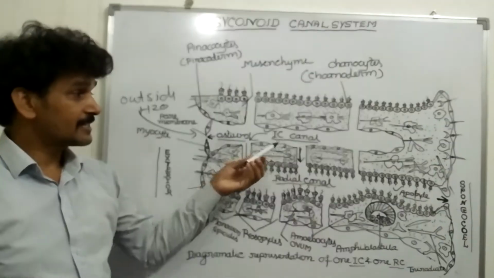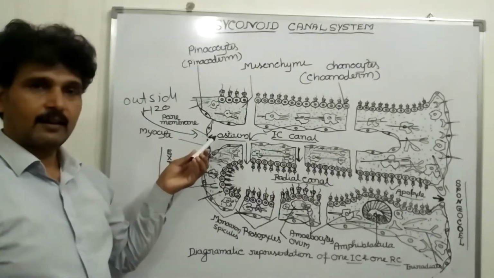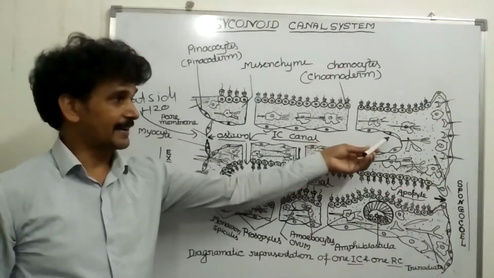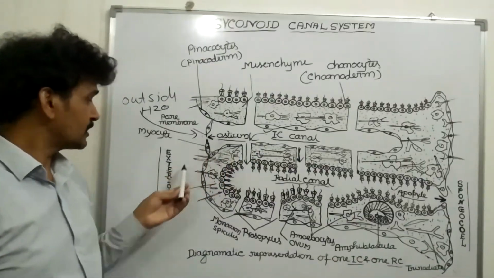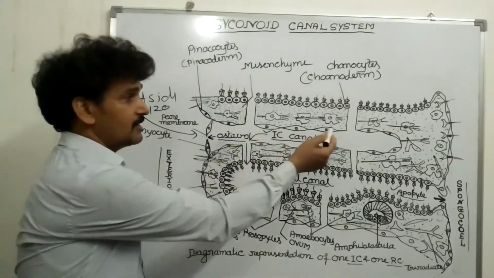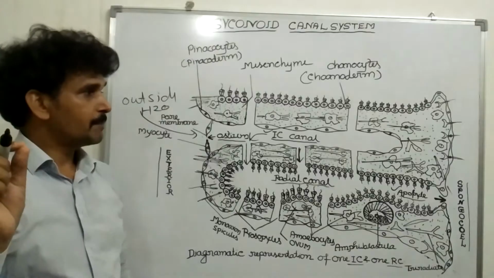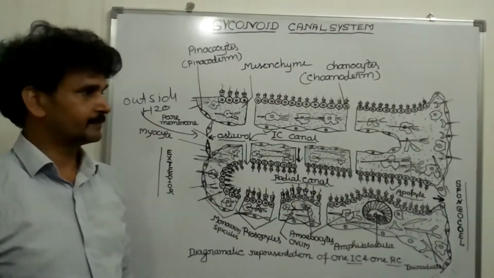So this is the characteristic feature of the in-current canal: it is blind at the inner side and open to the exterior. The entire in-current canal is lined by pinacocytes.